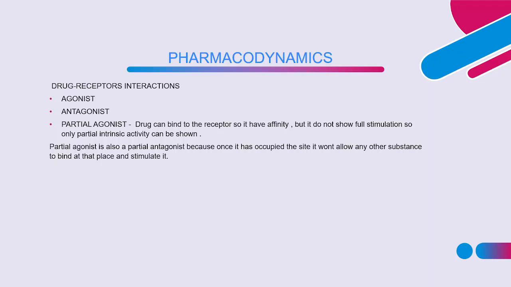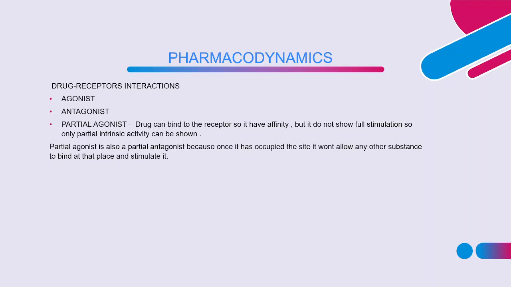Likewise, in an antagonist, they go and bind to the receptor, but they completely inhibit the central point, so there is no action. But in the case of a partial agonist, although they go and bind, the action is very partial. It is not full stimulation, neither is it inhibited. It is somewhere in between. So we say it has partial intrinsic activity.